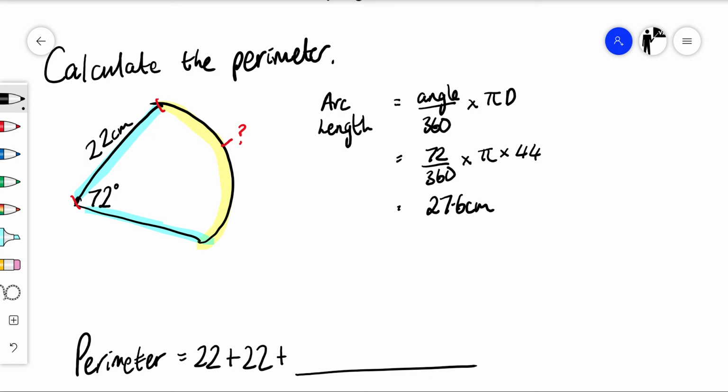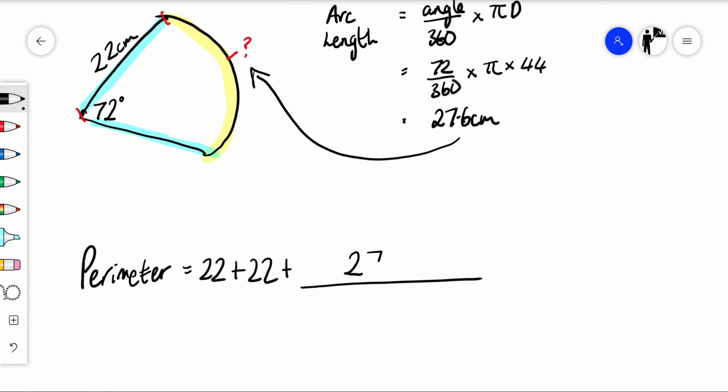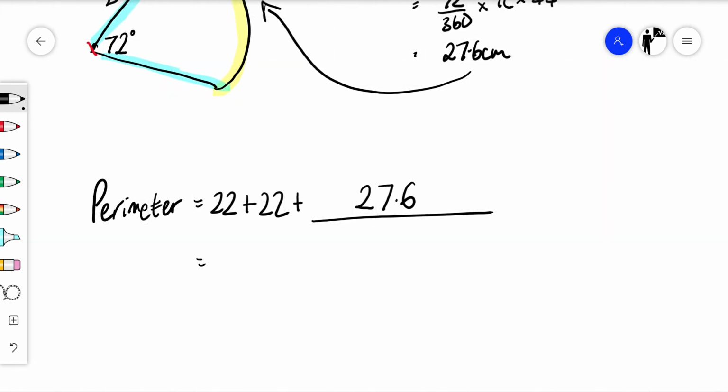So that is this length here. That length there is 27.6, so therefore the perimeter altogether is going to be 22 plus 22 plus 27.6, and that is going to give us 71.6 centimetres.